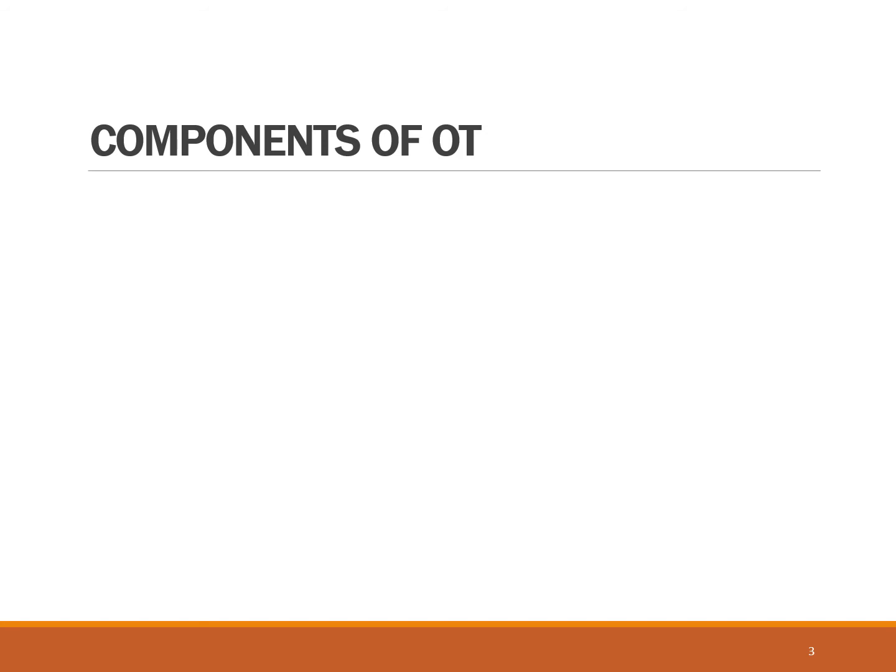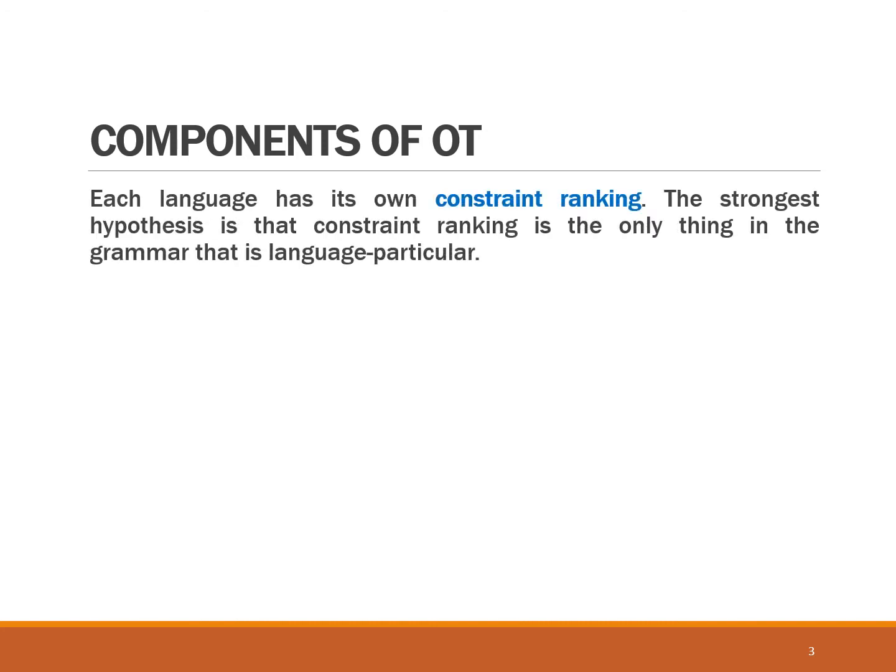Now we begin to talk briefly about those components of OT: Zen, Con and Eval. Each language has its own constraint ranking. The strongest hypothesis is that constraint ranking is the only thing in the grammar that is language particular or language specific.